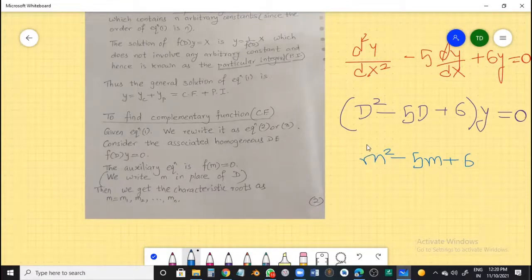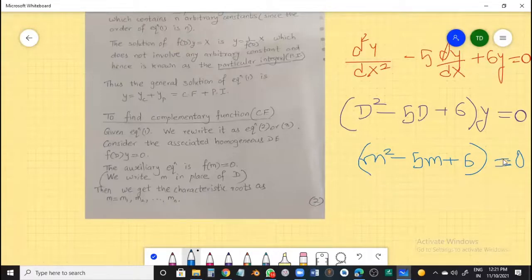Okay. And now if I write this into y equal to 0, what will this mean? Will this y have any effect of this m square minus 5m plus 6? No, there is no effect on y. So this into y equal to 0 will mean this bracket must be 0, because the bracket has nothing to do with y.